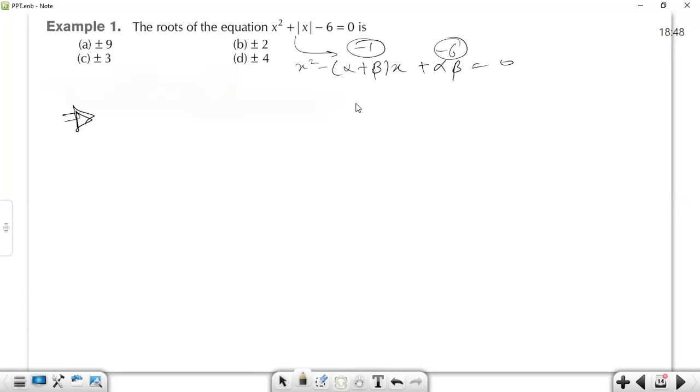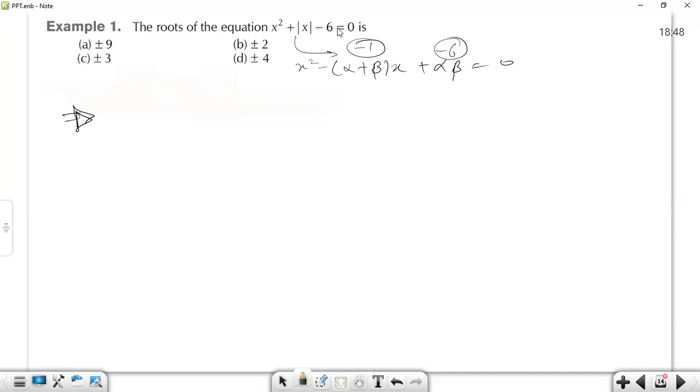The difference between two numbers is minus 1 with 5 and 6? No, because the product is 30. What about 2 and minus 3? If we add 2 and minus 3, the sum comes out as minus 1, and if we multiply 2 and minus 3, the product will be minus 6.